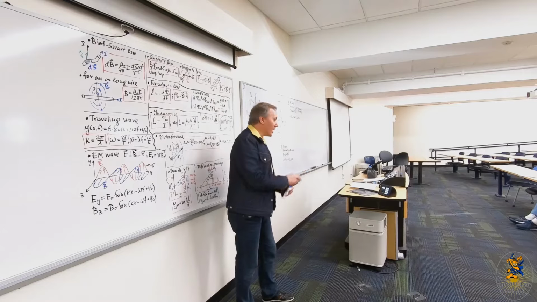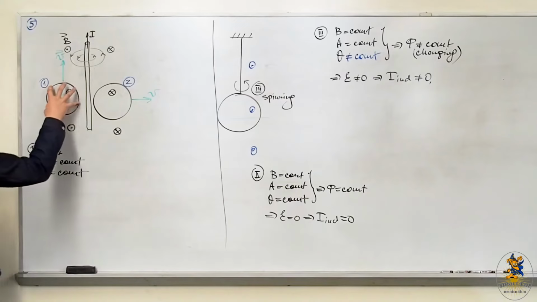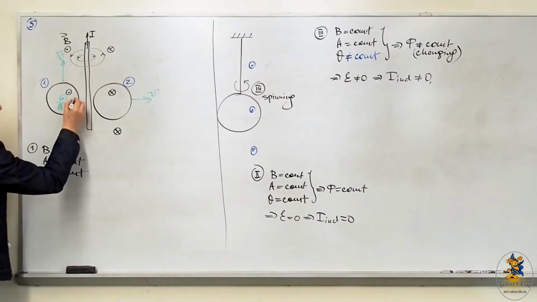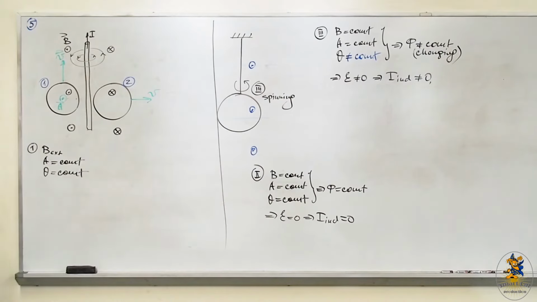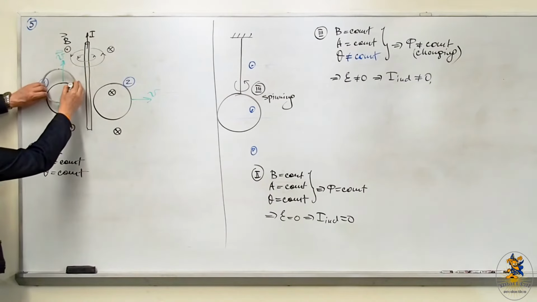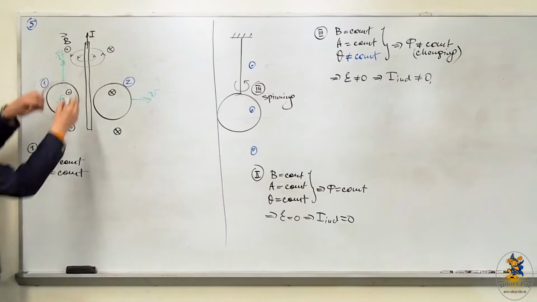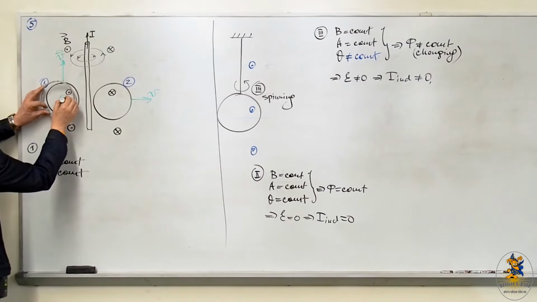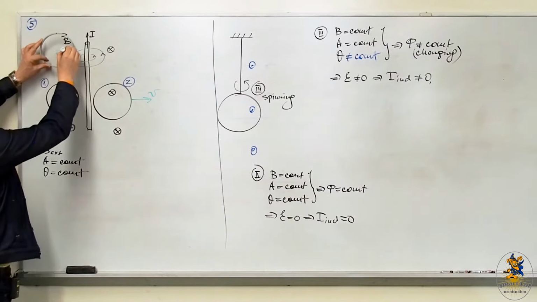And what actually happens in time is you drag this loop up. So if, for example, at this point magnetic field is, let's say, 5 Tesla, as you drag the loop up, at that point the magnetic field will be 5 Tesla all the time because it is at the same distance from the wire, right? So if this point had 4 Tesla, as you move, it will be 4 Tesla all the time.